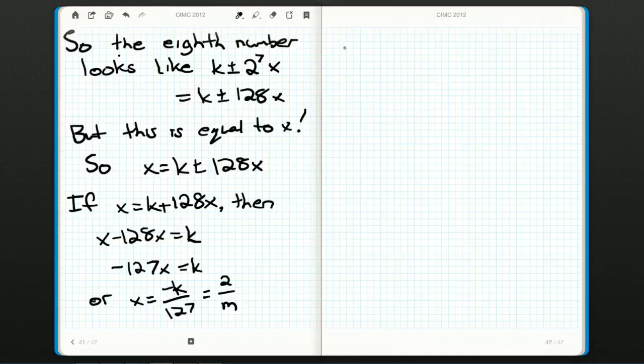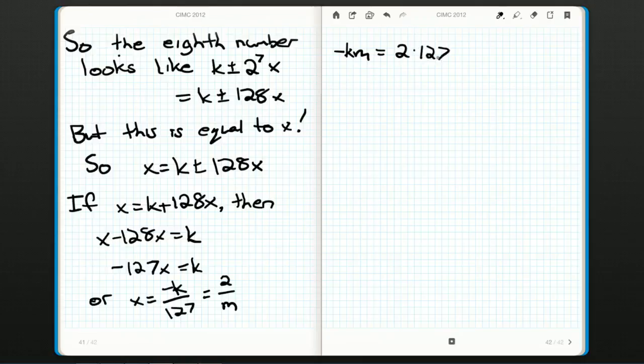All right, so that tells me that negative km is equal to 2 times 127. And you can probably fiddle this sort of thing out with your calculator. But if you notice, 127 is a very special number. It's prime.